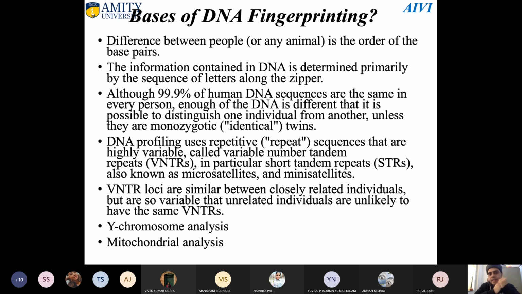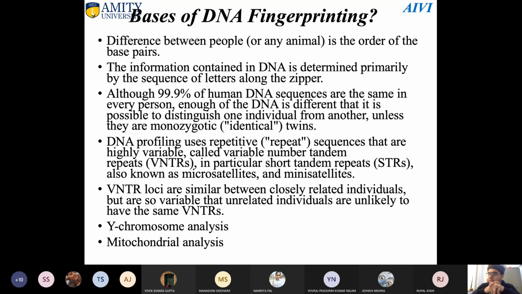Some more things are there, that is the Y chromosome. The thing with the Y chromosome is that it is there only in males. No female has the Y chromosome. It is paternal heredity: from the father it goes to the son, and from the son to his son, and so on.